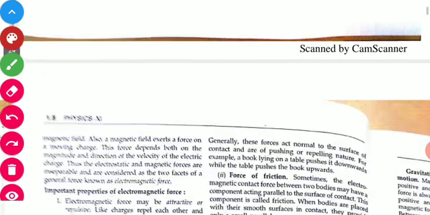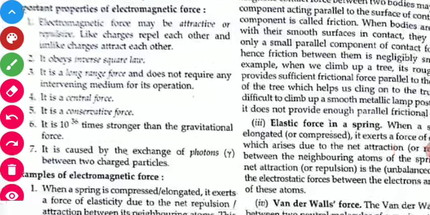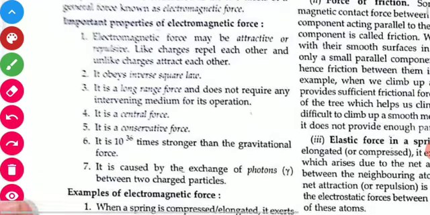We also have the properties of this force. What are those properties? First property: as I told you in the last video, the gravitational force always has an attractive nature. It is only attraction, there is no repulsion.